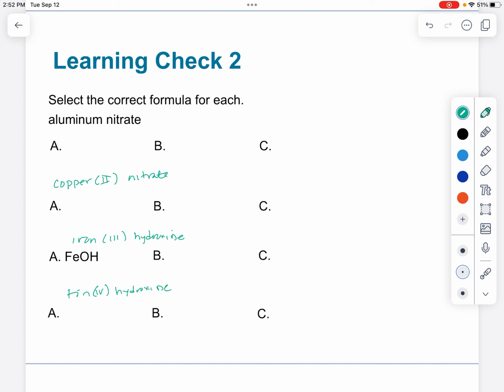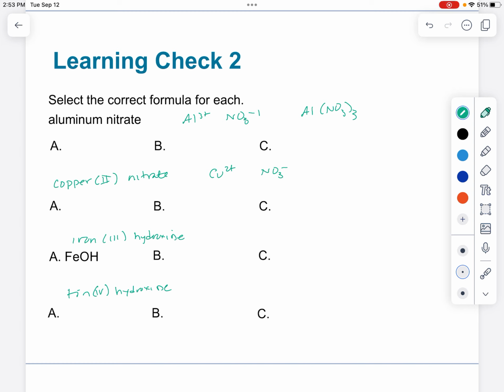Okay, so let's do the formula. Aluminum is going to be Al3 plus, nitrate is NO3 minus 1. So we're going to need 3 nitrates, Al, NO3, 3. Copper 2 nitrate, that's copper 2 plus, and nitrate is NO3 minus.